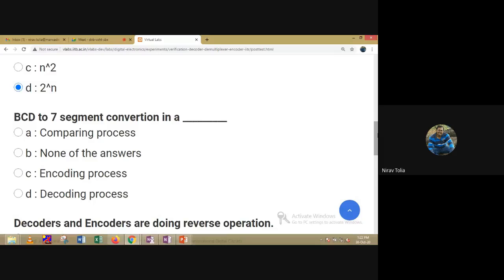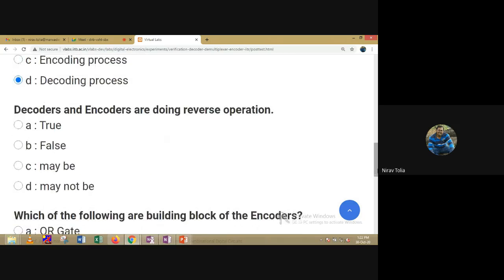The BCD to 7 segment question already came in the pre-test also, so no need to ask. The third question: decoders and encoders do reverse operations. The options are true, false, maybe, may not be.